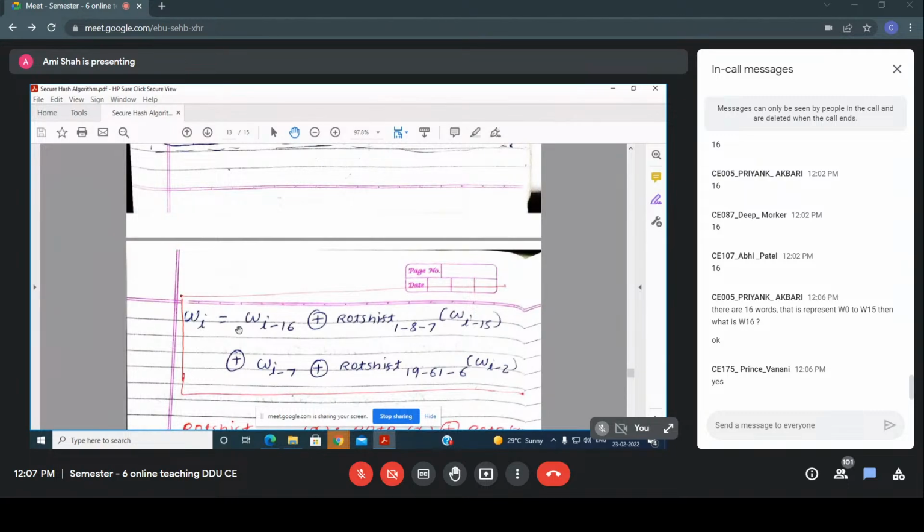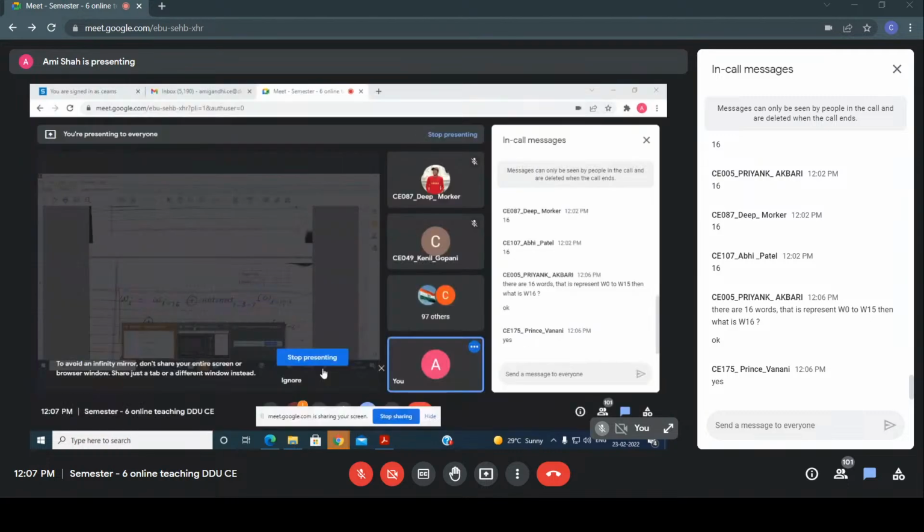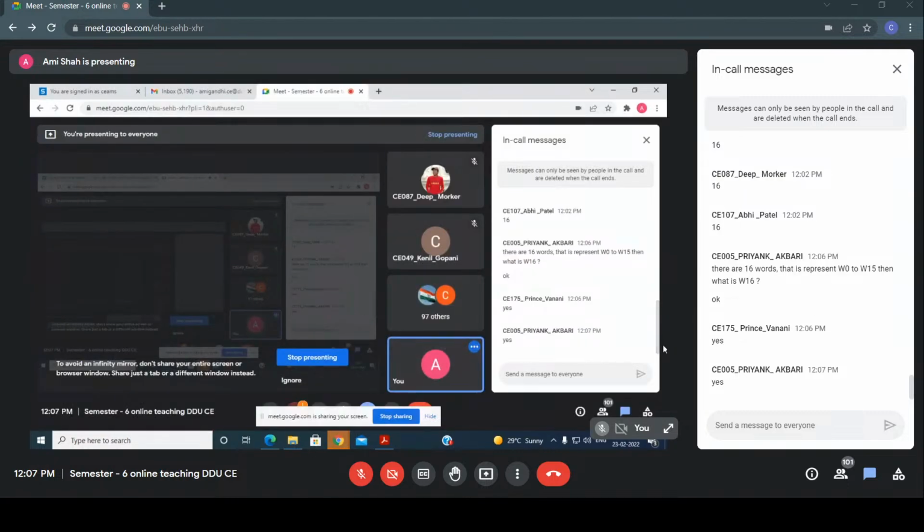W16 equals W16 minus 16, that is W0, XOR rotate shift 187 of W16 minus 15, that is W1, XOR rotate shift 19, 61 6 of W16 minus 7, XOR W16 minus 2, that is W14. Now Priyank, is it clear? Can you hear me? Is it fine everyone? So in this way you can get the word.